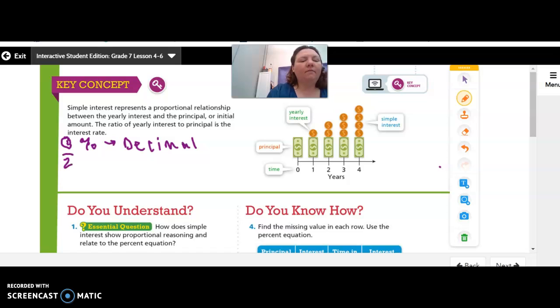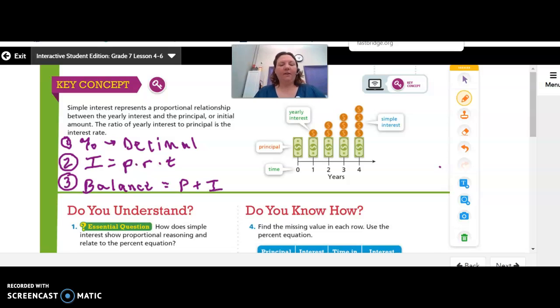And then we can use our formula that says interest equals the principal times the rate times the time. And the last step, if it asks us for it, is to find the balance.